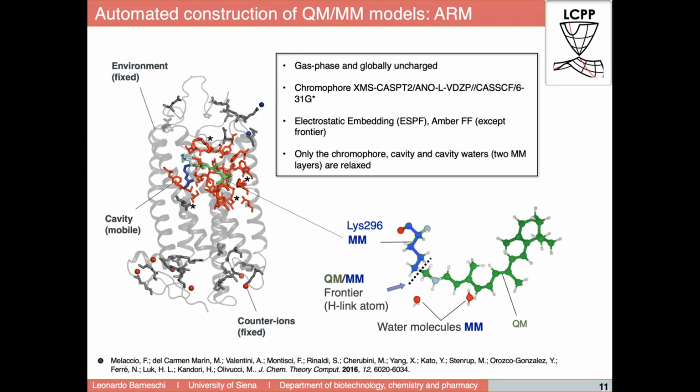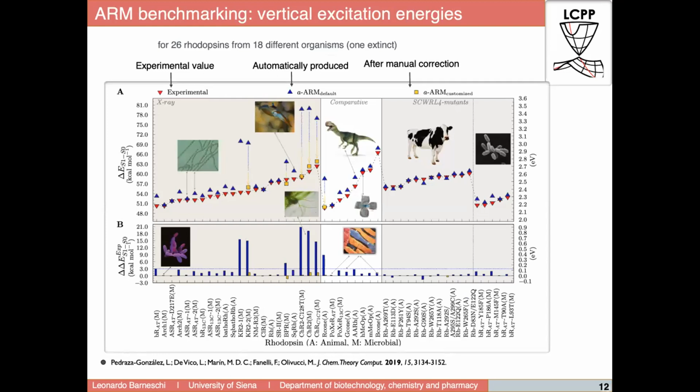The side chains of the residues close to the retinal are allowed to relax during the QM optimizations. The geometries are optimized at the CASSCF level, and in this work the energies have been corrected at the XMS-CASPT2 level. It's a protocol that has been extensively benchmarked.